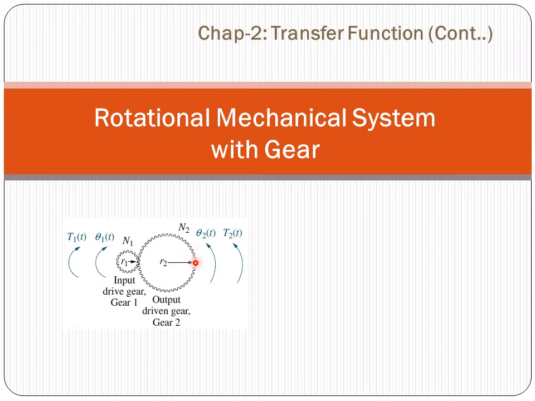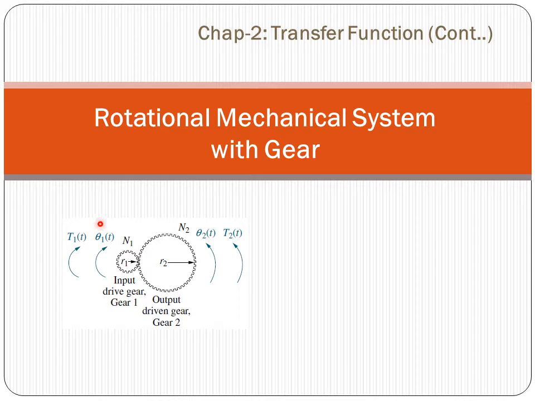For example, if this gear rotates 5 times, only then the larger gear rotates only once. So what is the benefit of such arrangement? We need to understand that.